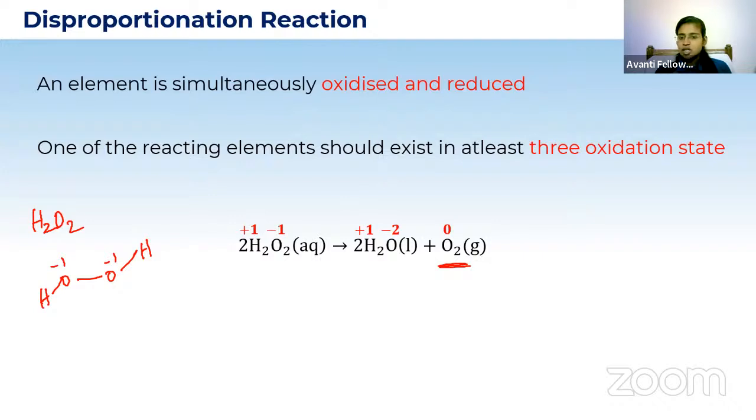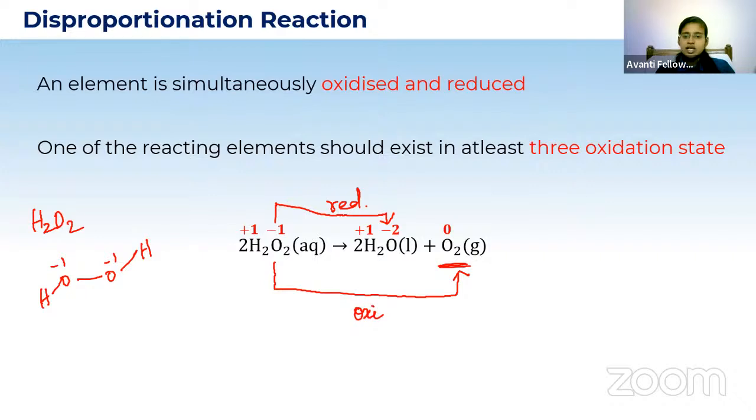Now, if you look into the compounds properly, oxygen is moving from -1 to -2 in one product. If it is going from -1 to -2, it is called reduction, right? And the oxygen is moving from -1 to 0 in another product. -1 to 0, so it is moving towards the positive direction.